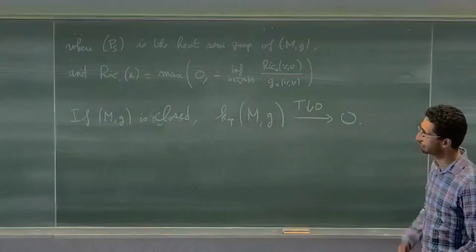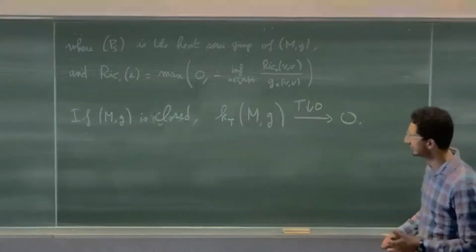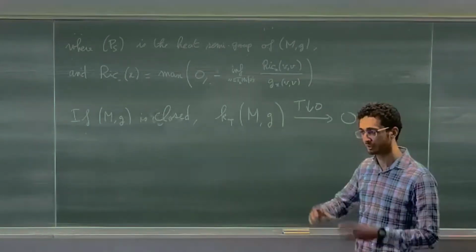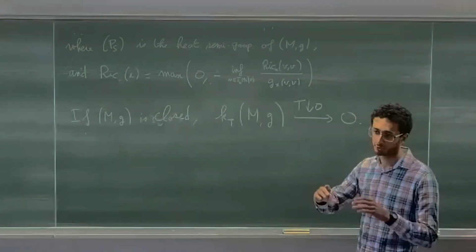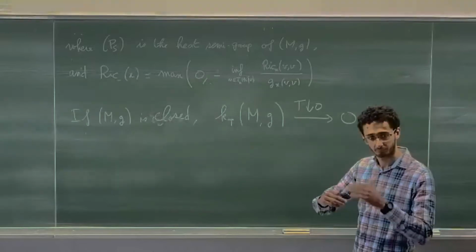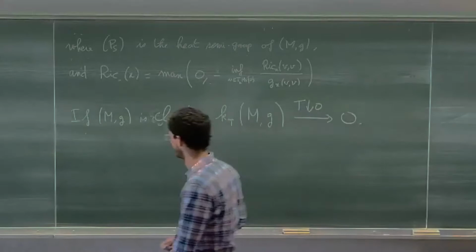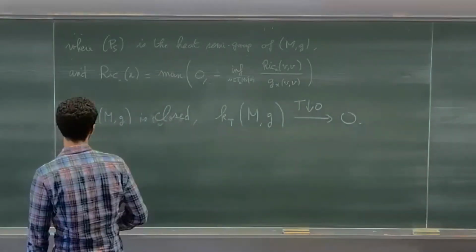The sequences of Riemannian manifolds we are interested in are sequences for which this quantity goes uniformly to 0. That is to say, we have some bound on the way this quantity goes to 0. This leads me to the following definitions.